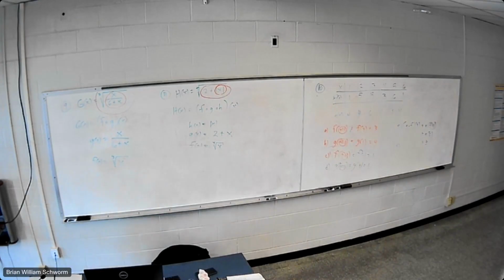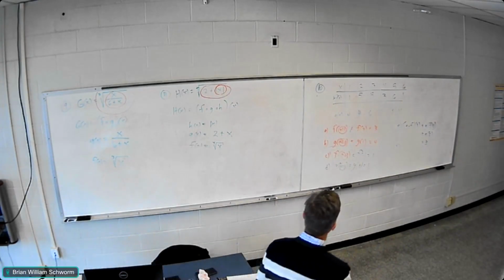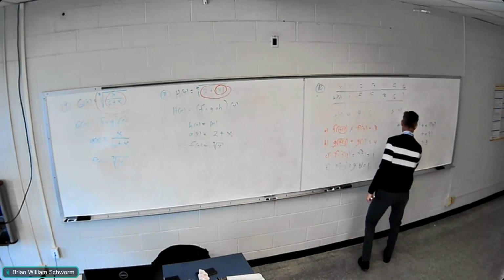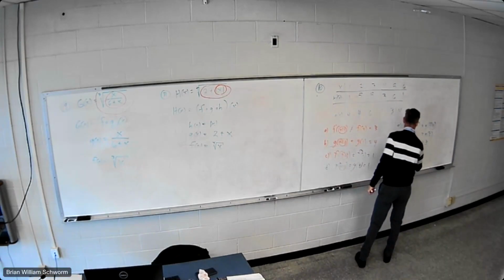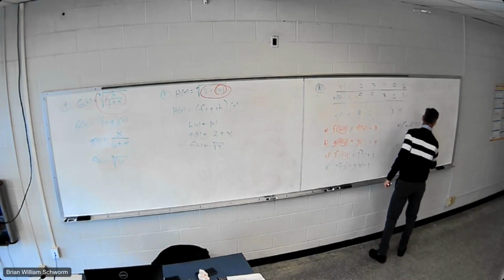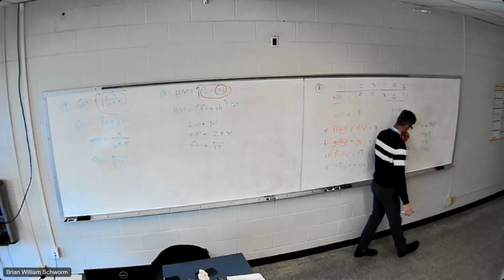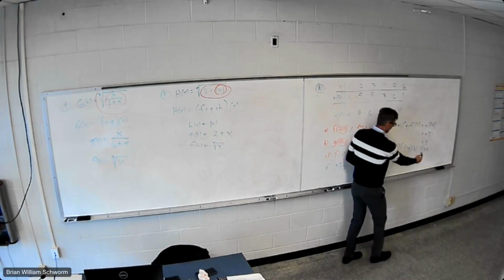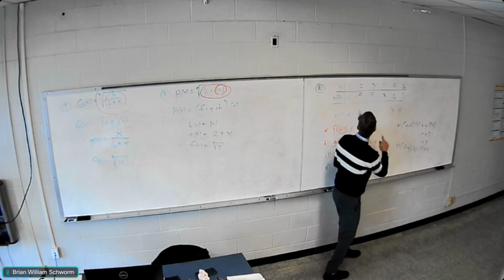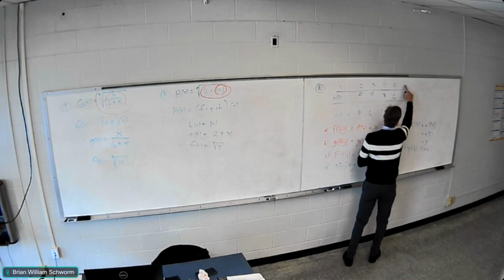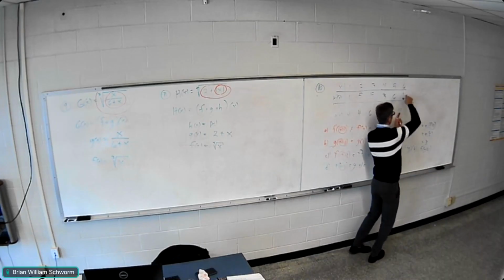F composed with G of 6 means F of G of 6. Take 6, plug it into the G. Take 6, that's the X value. What is the G value? 4.